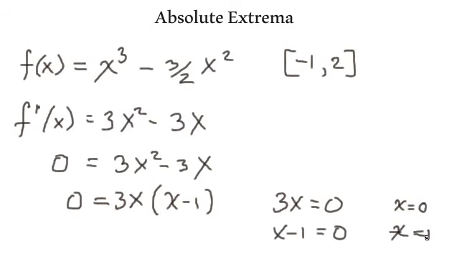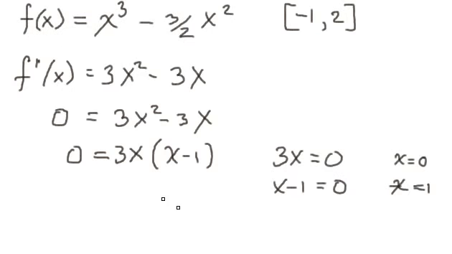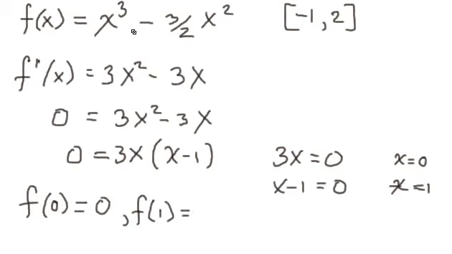Since 0 and 1 are in our interval, which is very important, we plug those two numbers into our original function up here. So f of 0 gives 0, and f of 1 is 1 minus 3 halves.